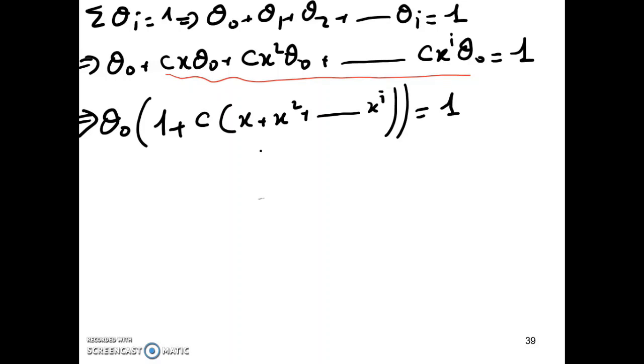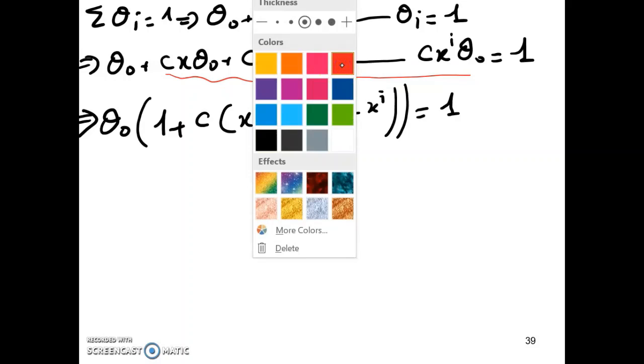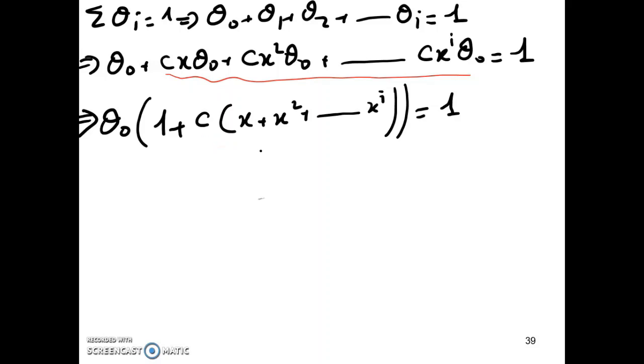If we consider this x plus x squared plus x^I, it's a geometric progression.